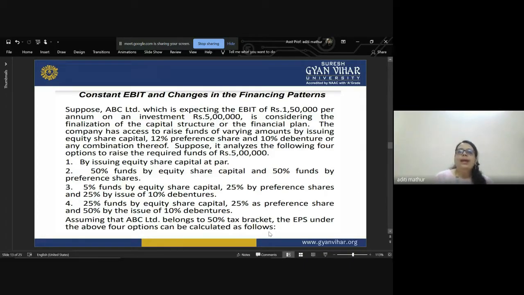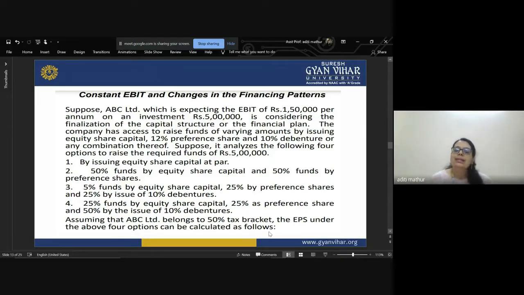So let us just assume that there is an ABC Private Limited, which is expecting the EBIT of 1,50,000 per annum, right? And 5 lakh rupees is your total capital, which is invested in the organization to earn 1,50,000. And they have given you the different sources from which they have come up to this 5 lakh.